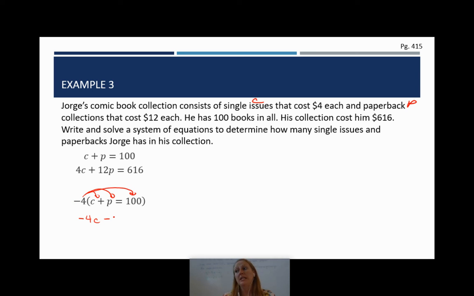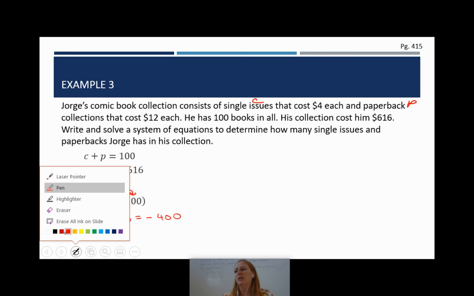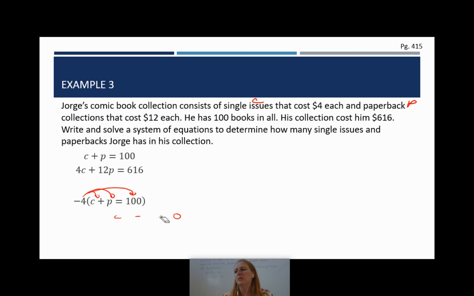Negative 4 times P is negative 4P. And negative 4 times 100 is negative 400. And now that I've written it, I'm going to erase it so that you can see my pretty typed up version. Better. Great. So now I'm not going to use this one anymore. I'm just going to use this guy here. And now I can add my equations together.